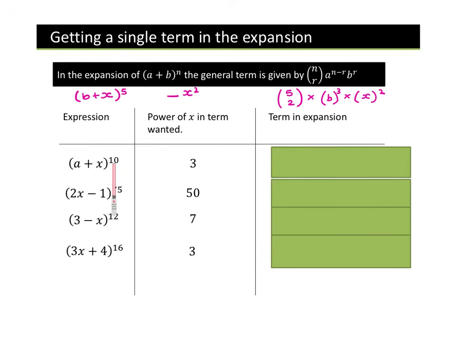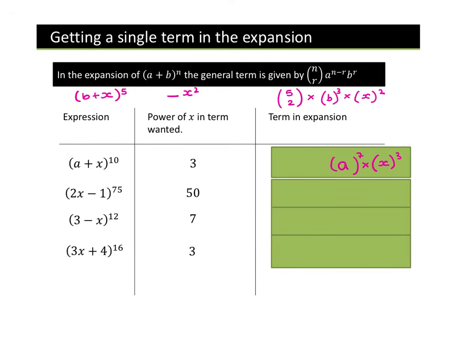So here we have a plus x to the power of 10. I want the power of 3. So I know straight away that this is going to be x to the power of 3. If my total power is 10, I know this one must be to the power of 7. And this is my a.